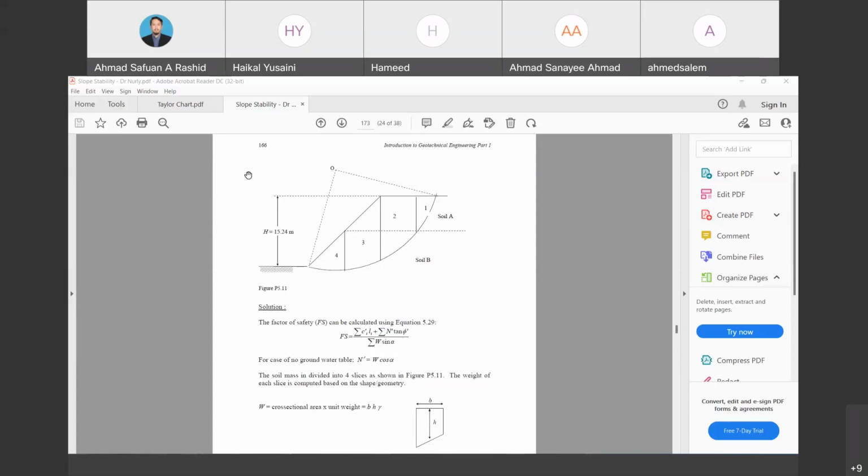To determine the factor of safety for this example using the method of slices, it is better to plot on a grid paper. Why?